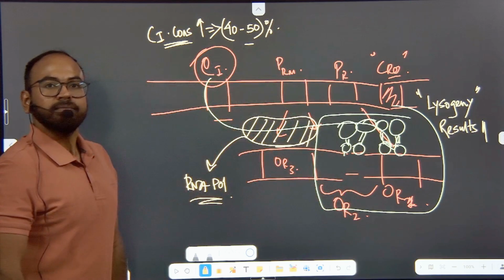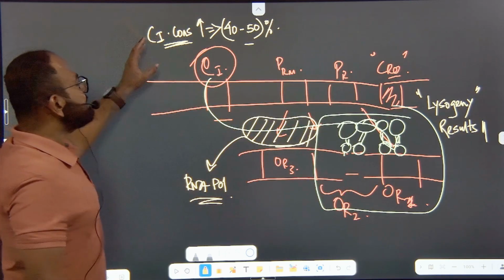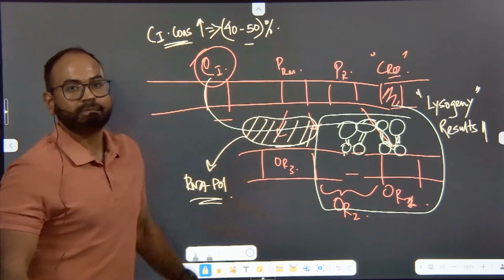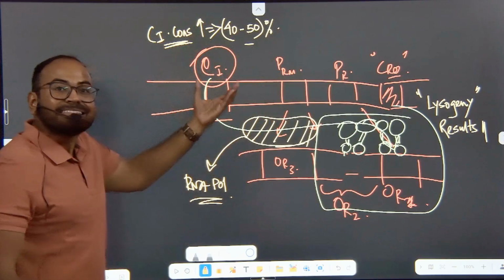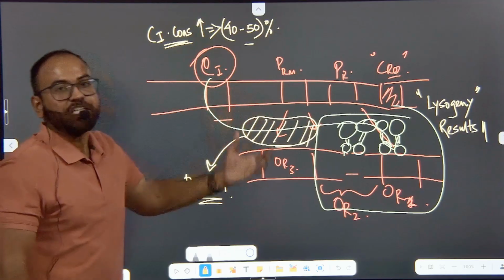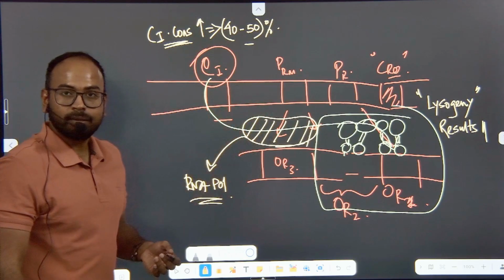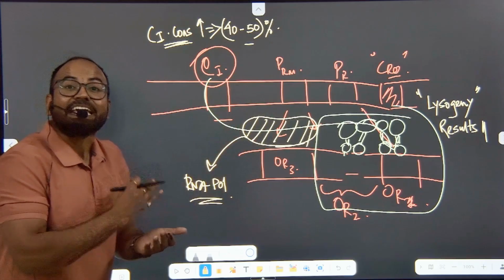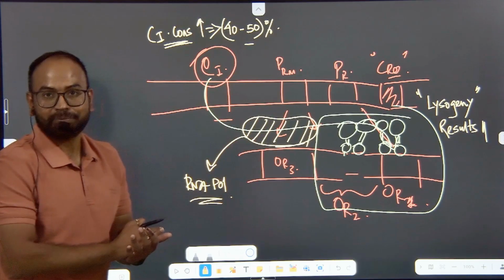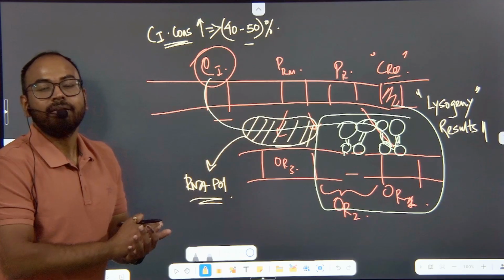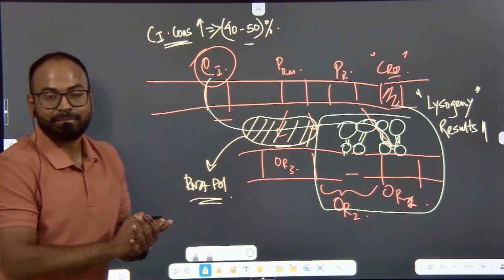Then what will happen? At this rate of concentration, what will C1 do? C1 will even occupy operator region 3.